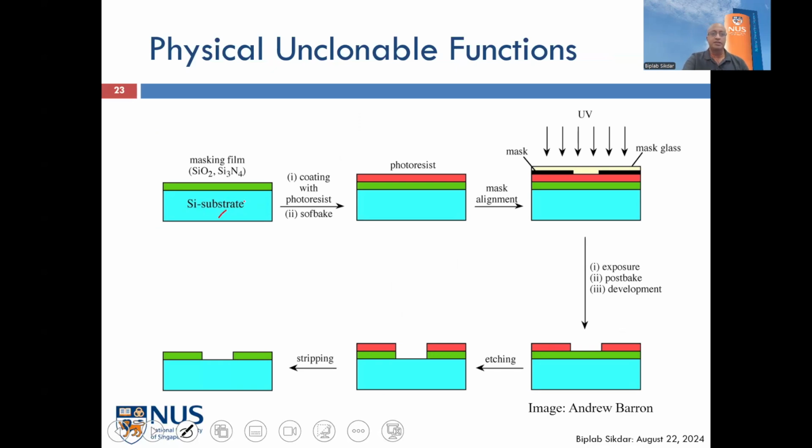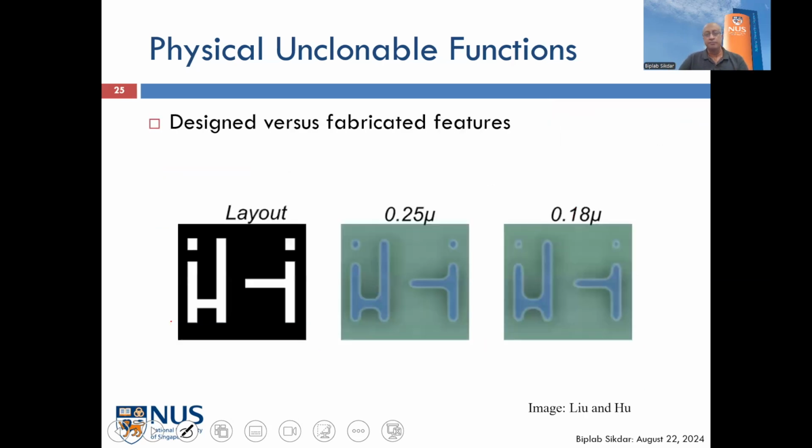We will start off with a silicon substrate, and then we'll put a masking film on top. Then we put a layer of photoresist, and then whatever circuit we want to build, we have a mask according to that circuit, and then we shine ultraviolet rays on top. And after that, we take off the mask, and then we do a series of etching and stripping, and then finally we have the circuit that we want.